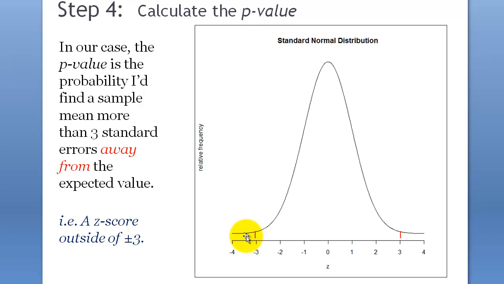The sample was in a positive direction, but we have to assume that it could have been either way. This time it was 3 standard deviations away this way, but another time it could be 3 standard deviations away in this direction. So we say a z-score outside of plus or minus 3.